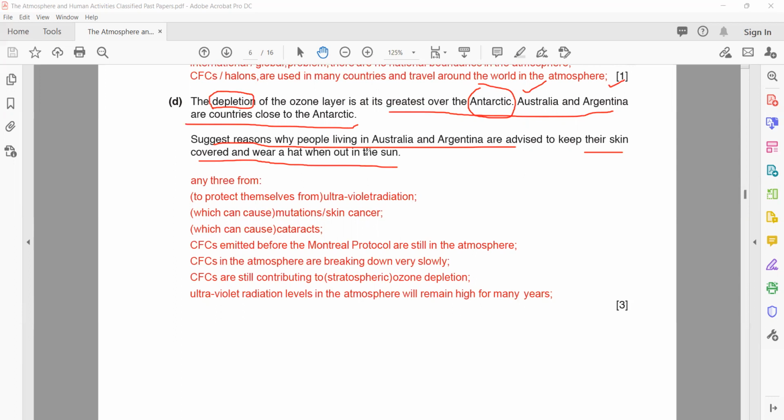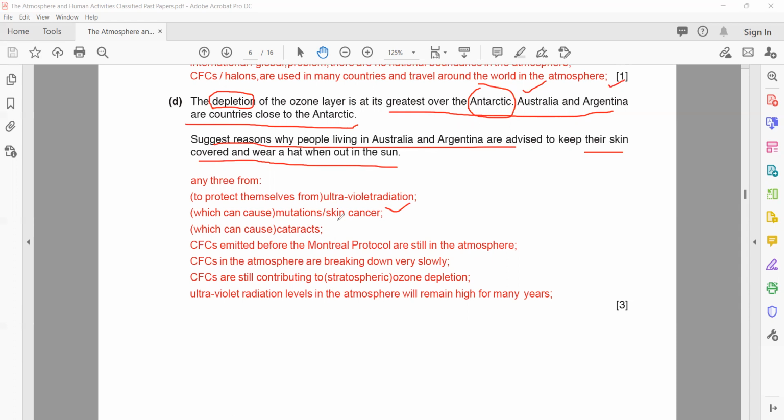So for that, why? Because the ozone layer protects against ultraviolet radiation. So if there is no ozone layer, this ultraviolet radiation comes directly onto the earth, which can cause skin cancer, and can cause other things also. So here you can say that they should put on sunblock, meaning creams which can reflect that radiation.